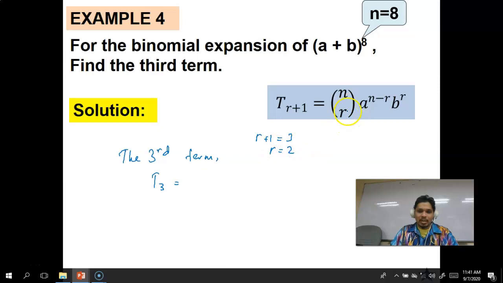This means that the r here is equal to 2. And the third term, according to this one, 2 plus 1 equal to 3. So we got 8C2, then a to the power of (8 minus 2) and also b squared. So 8C2 is 28, a to the power of 6 and b squared.